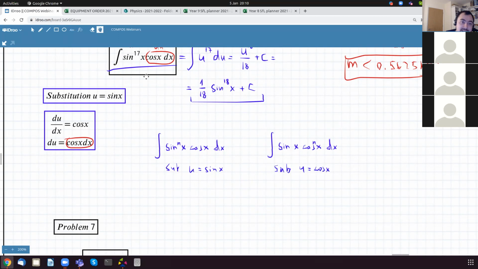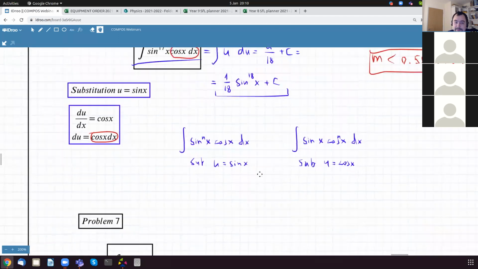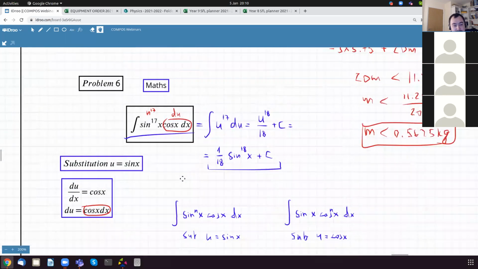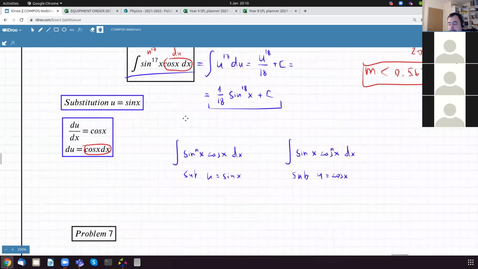So the hardest thing about substitution is to figure out what the substitution is. There are several rules, and just keep doing it until you get it right. Sometimes you do trial and error. You try one method, it doesn't work. We try another one. Okay, works.